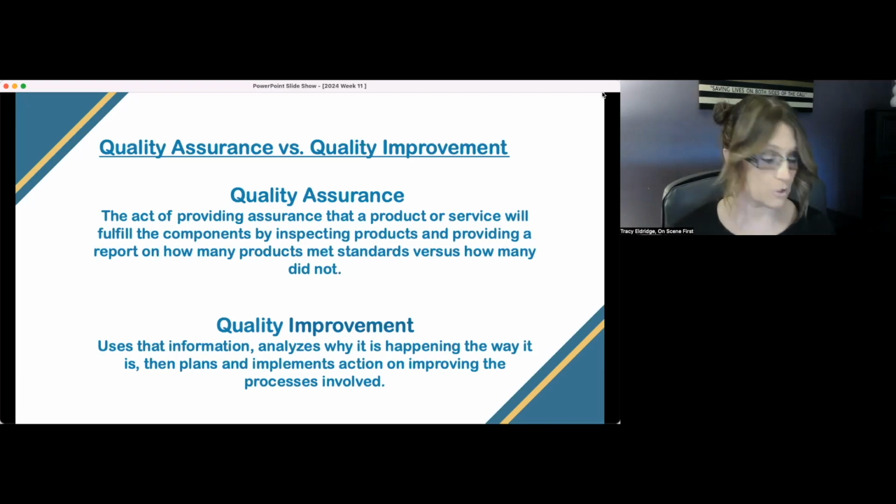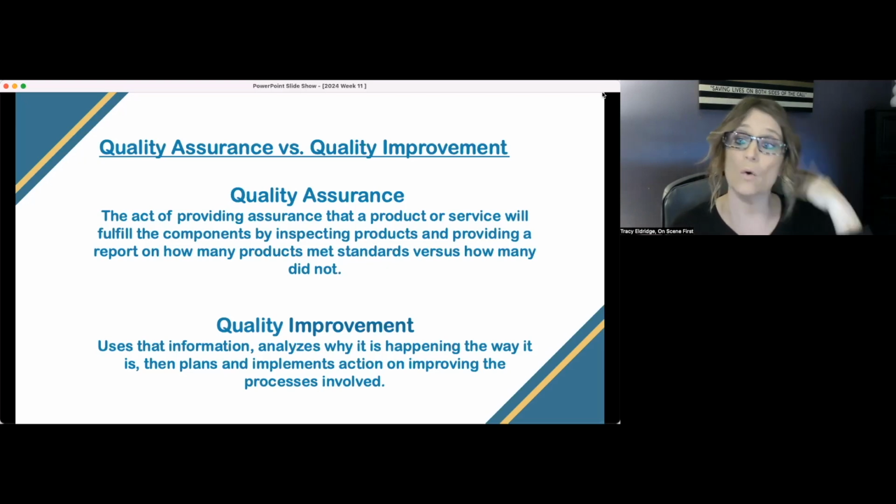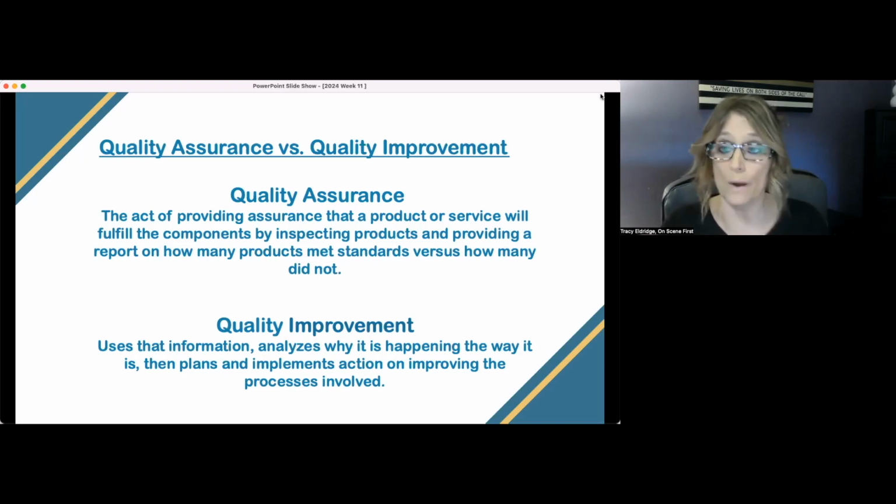Are they doing what they're supposed to be doing, or are they not doing what they're supposed to be doing? And then once we have analyzed that information against the quality assurance responses, then actions are put into place to improve the process that is set in front of us. So whatever it is that has to be done to move this forward.